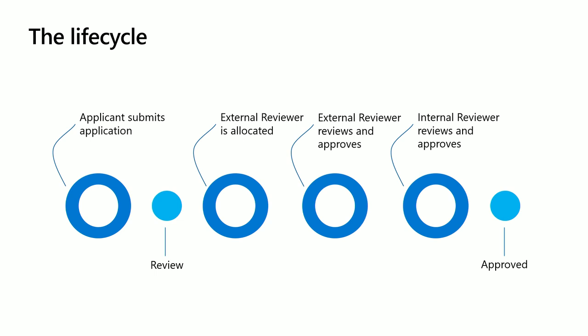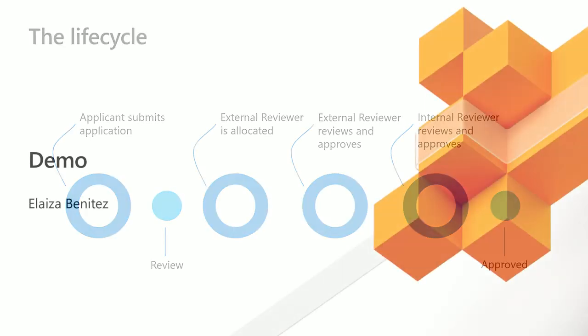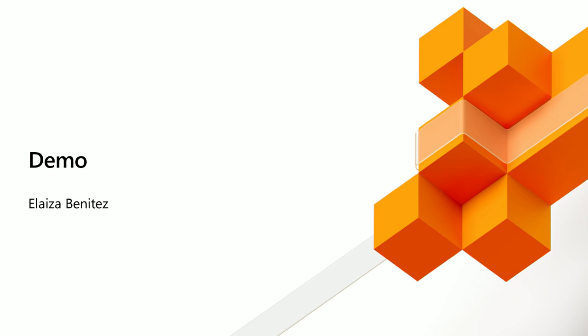And then the internal reviewer will review it and approve it. Once there are 2 approvals, that's when we want the business process flow stage to automatically update from review to approved. So it's a whole end-to-end process, and you guys are going to see it in action. So time for a demo.